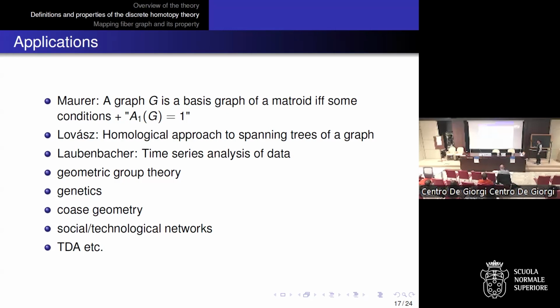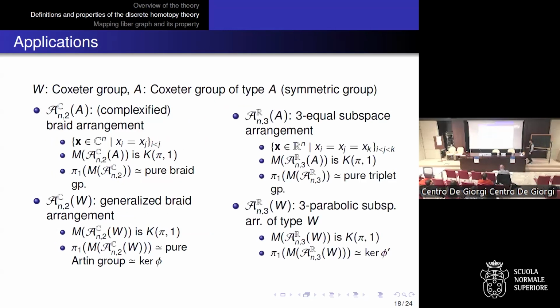There are also homological approaches, applications to time series analysis of data, geometric group theory, and so on. So there are many known applications. But there's also another application to subspace arrangements, which is my original motivation for working on this theory.